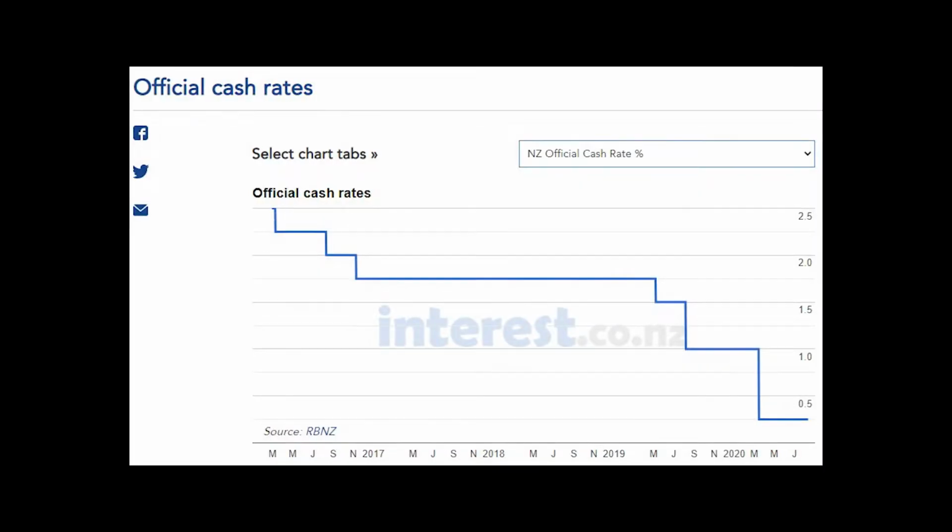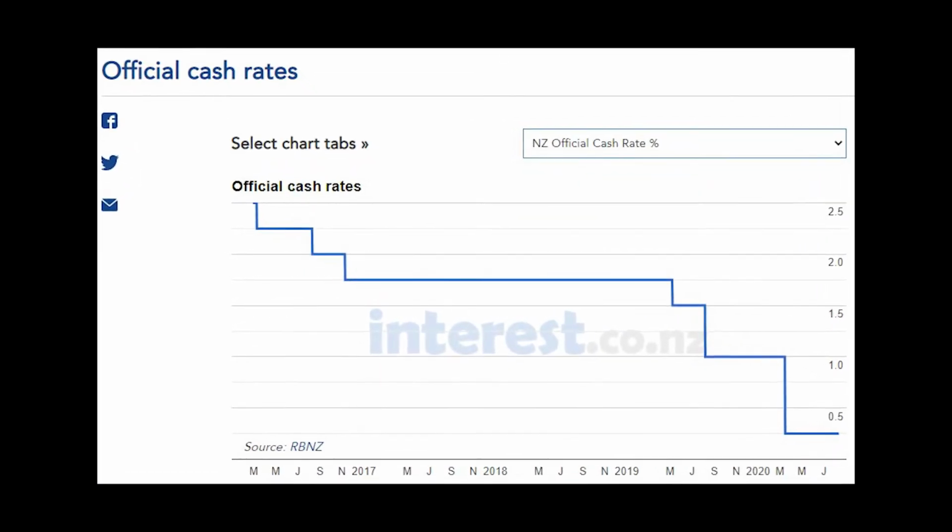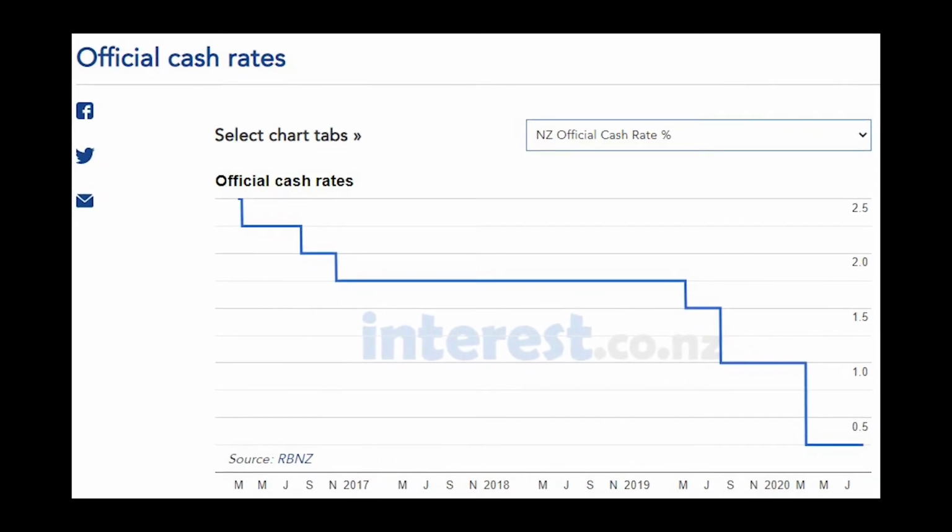Currently, the OCR is at a historic low of 0.25%, and they're predicting a drop of 50 basis points, which will take it to negative 0.25% by April of next year. A low OCR will affect all forms of interest rates, and this means that you can get low interest rates on your mortgage, but also you'll get lower interest on your savings account.